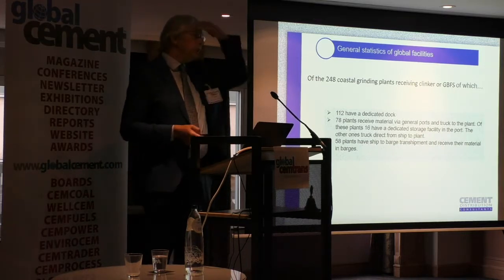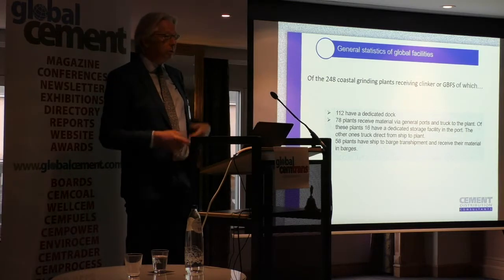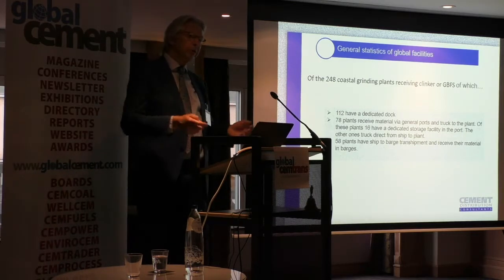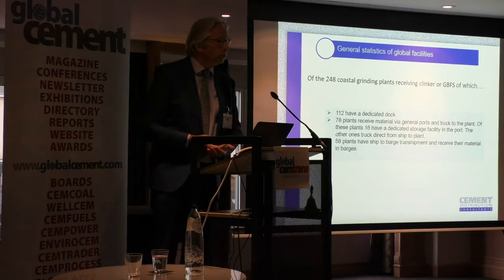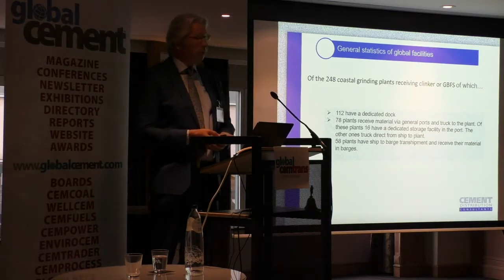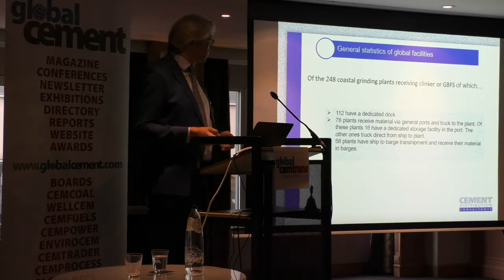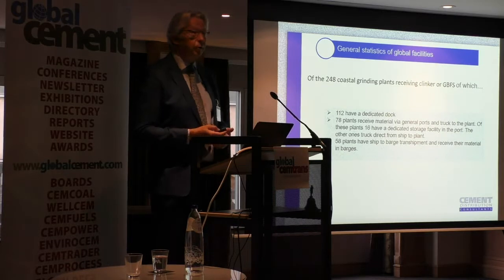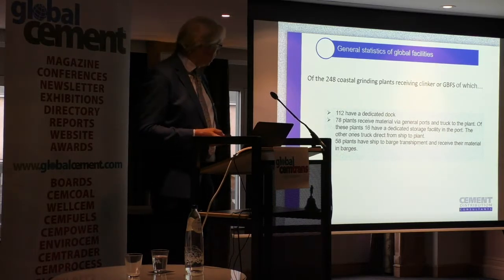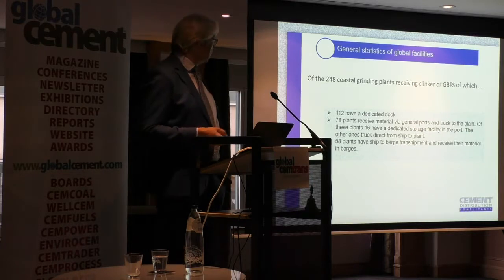Very much the case, for example, in Bangladesh, where cement comes to the mouth of the big rivers in large bulk carriers, is transshipped into river ships, and then moved even up north in the country, where they feed an enormous amount of plants. In Bangladesh itself, there are almost 48 grinding plants located. But also in Africa there are a few, and in Europe and South America.